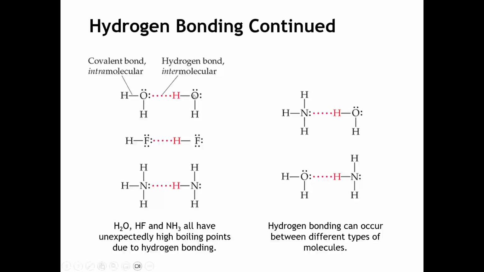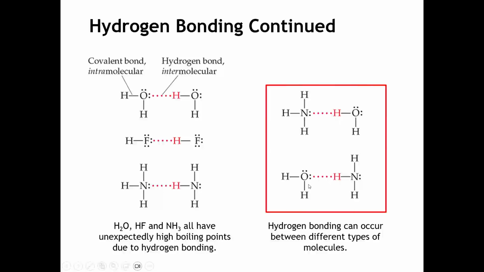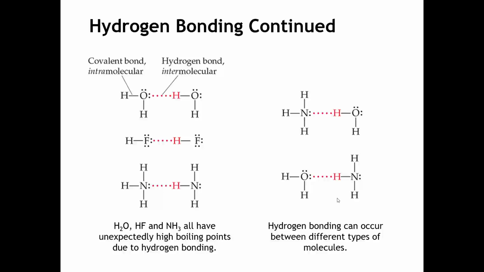So it makes a covalent bond to the oxygen in the molecule in which it belongs, and then this quite strong electrostatic interaction, the hydrogen bond, to a neighboring molecule. Now we can also get hydrogen bonds between different kinds of molecules, like between a water and an ammonia, as shown here. So in mixtures of substances with the right kinds of structures, we can also get hydrogen bonding.